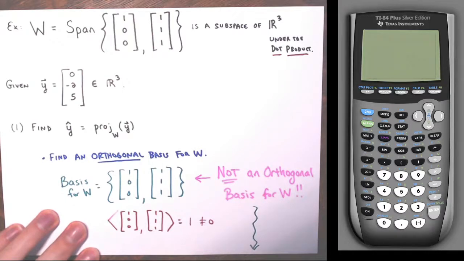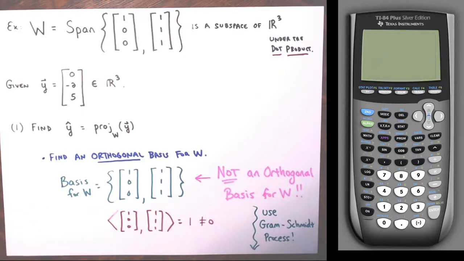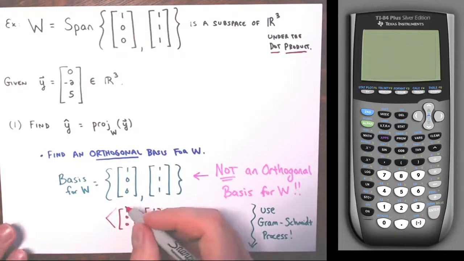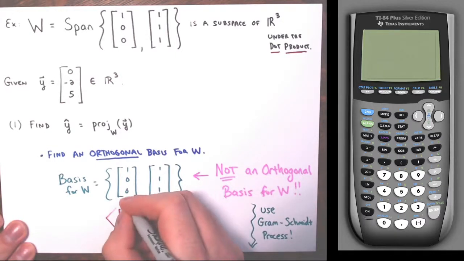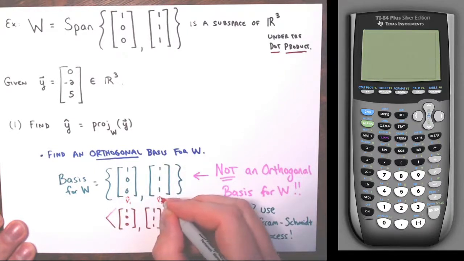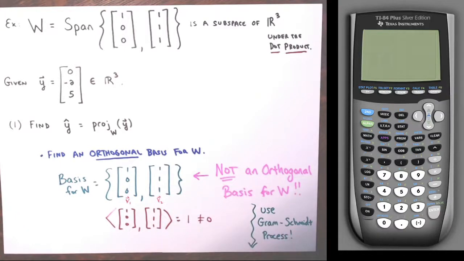So it's not an orthogonal basis for W. So what I'm going to do is use what's called the Gram-Schmidt process to construct an orthogonal basis for W. Alright, so I'm going to call these vectors V1 and V2, for vector 1 and vector 2 here. So 1, 0, 0 is V1 and 1, 1, 1 is V2. Alright, so here's the Gram-Schmidt procedure.